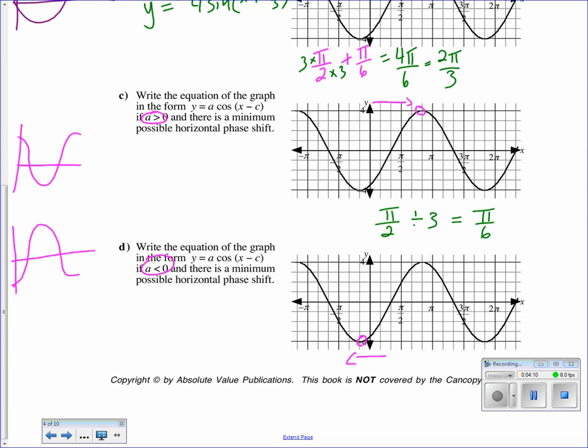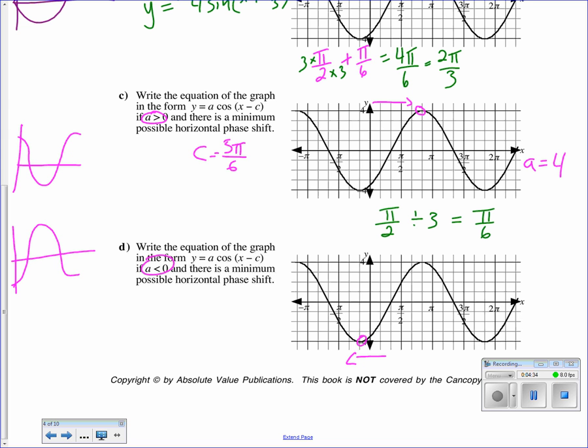So amplitude is 4. That's awesome. That's a nice constant on this page. Amplitude is 4. My shift, where is my shift? My shift is 1, 2, 3, 4, 5 of those divisions. So my shift is associated with 5 pi over 6 for my c value.